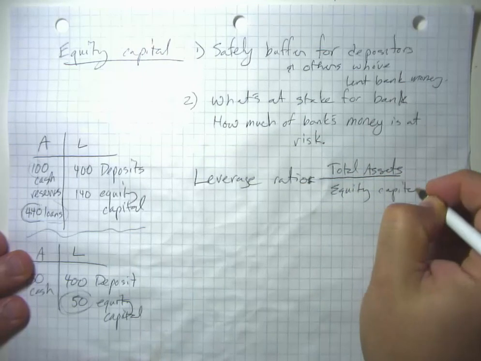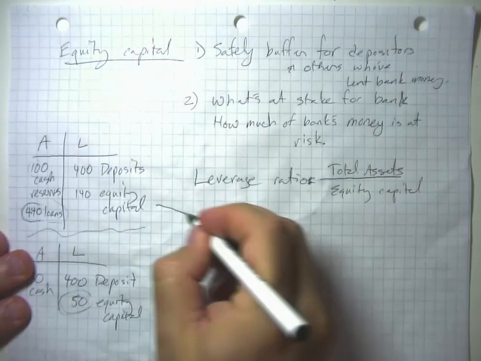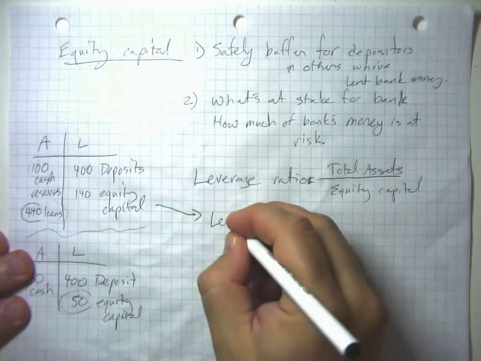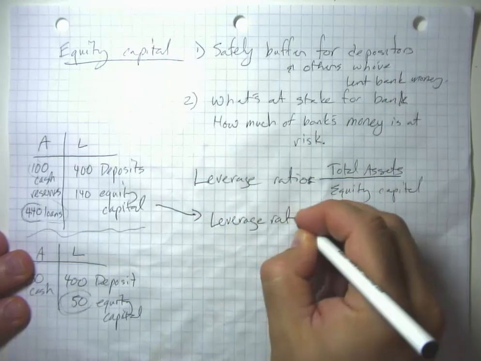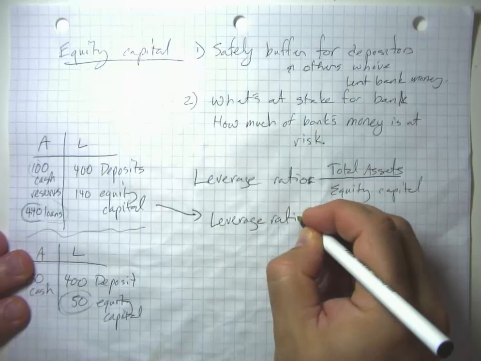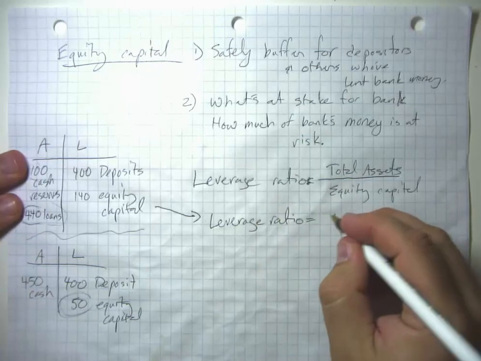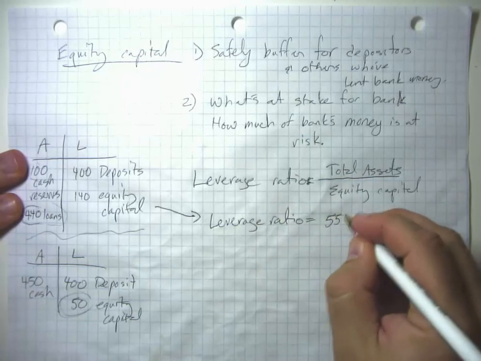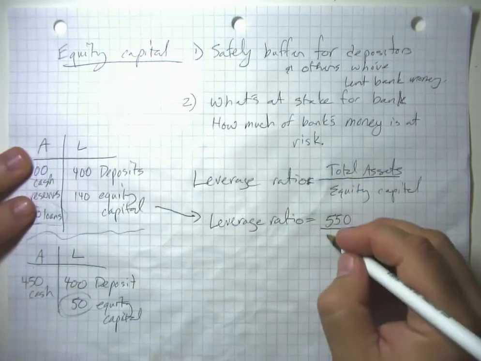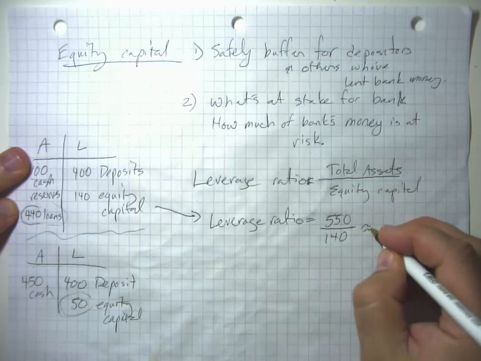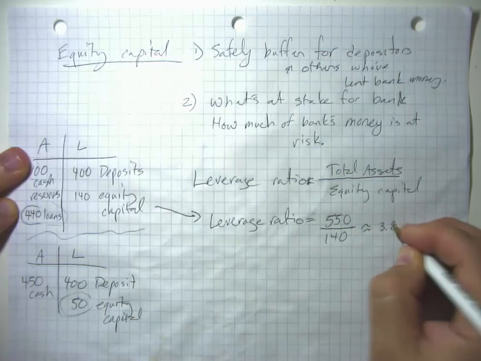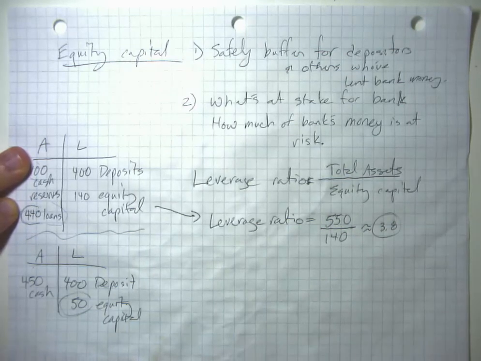To calculate it in this situation, the bank had $540 of total assets and $140 of equity capital, so that's something a bit less than 4, call it maybe 3.8, and you can check that on your calculator.